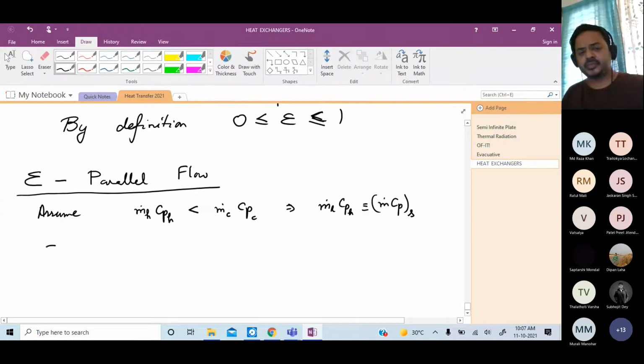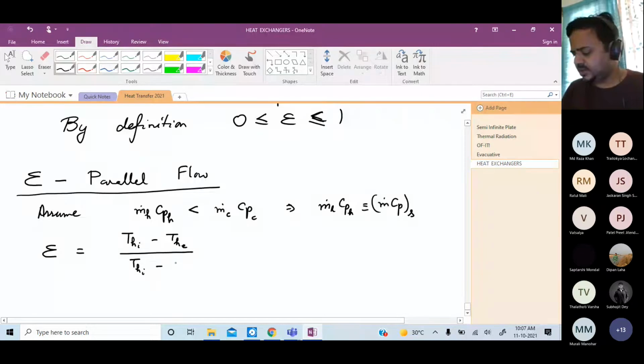So what is epsilon? You can see right from the top, we will write it in this manner: Thi minus The divided by Thi minus Tci.